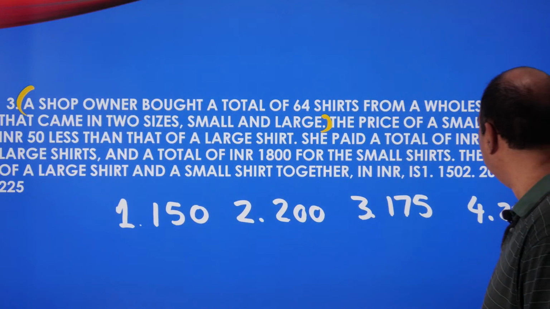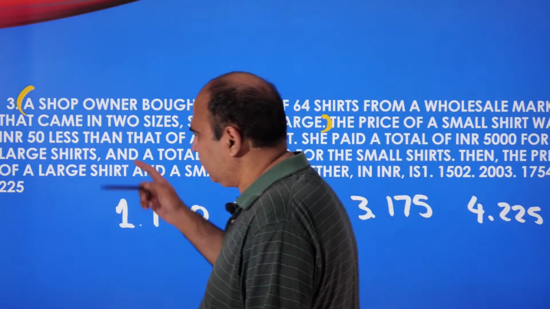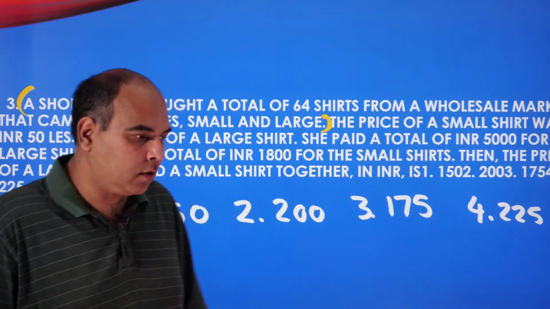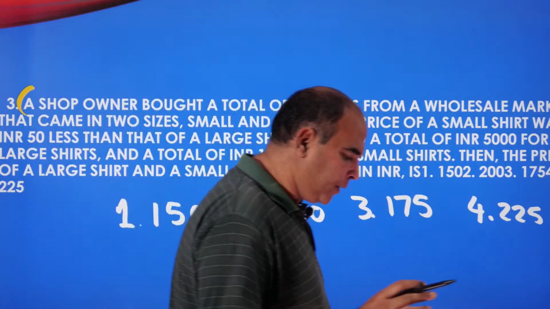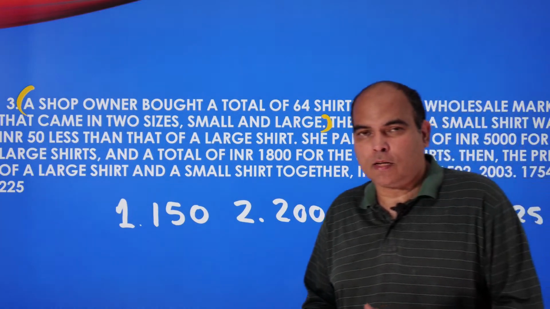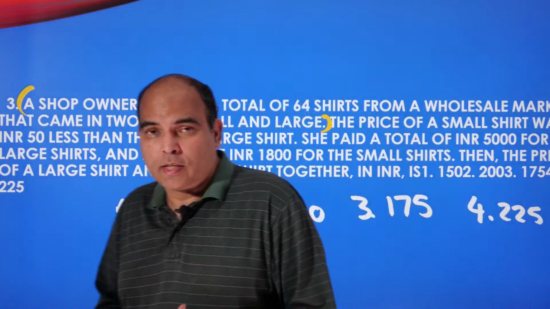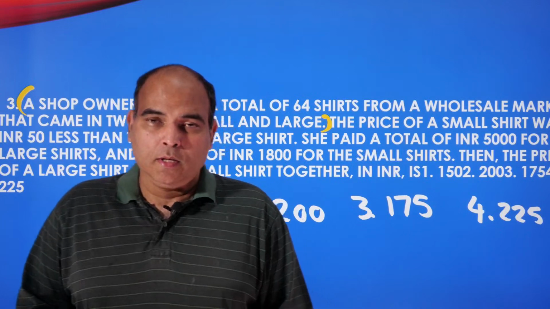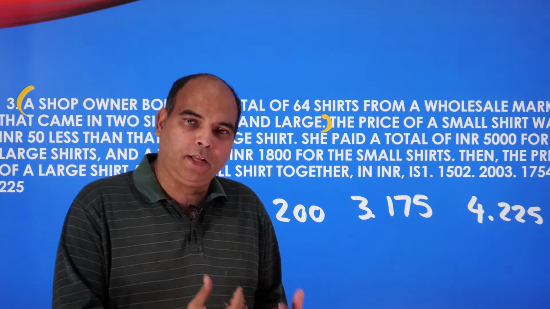ठीक है? Okay. The price of a small shirt, now variable introduction, and that's another difference between the top guys and people who are not so good at quants and basic numeracy thinking. If you're thinking about the CSAT exam, you read stories. The top guys read variables.